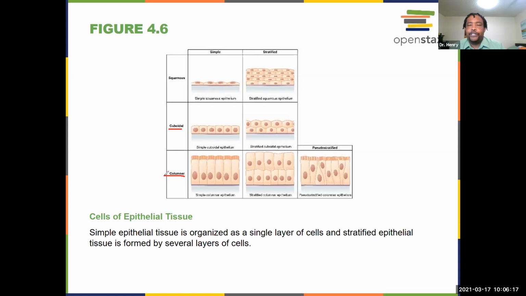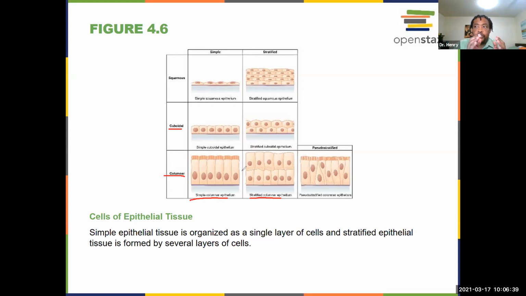So we have the columnar, meaning they're in columns, nice long columns, right? So these guys are, again, simple, so they're all nice single layer. These guys are stratified, and these guys are pseudo-stratified. So they kind of look like they're stratified, because they're not perfectly aligned, right?